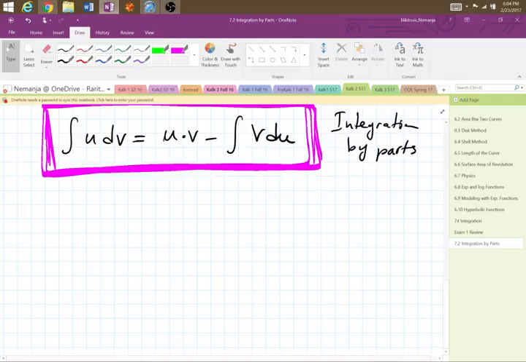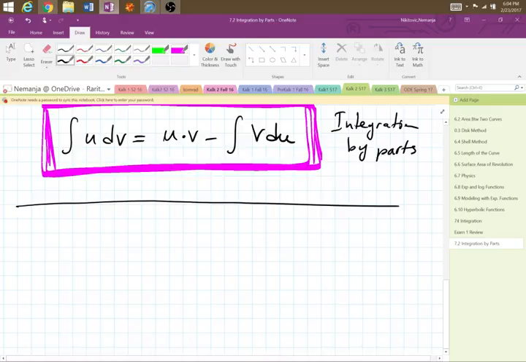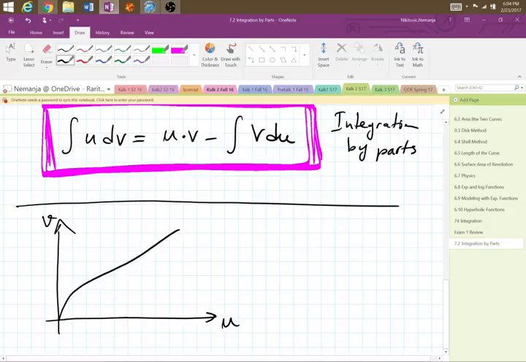If you're still not happy with this, here's my final offering for you to understand what's going on. I'm going to draw in the UV plane a function. Now this is clearly a function v in respect to u. And now I'm going to take a look at area 1.